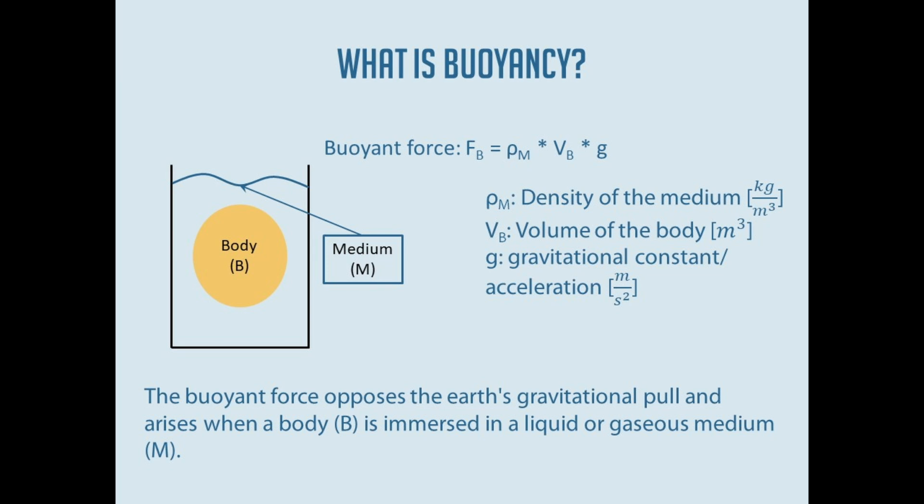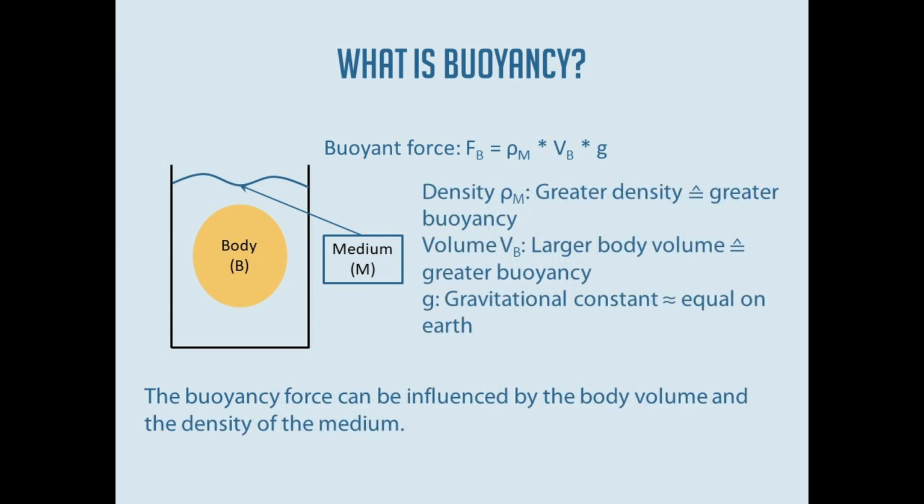Let's start by noting that buoyancy is a force that always counteracts the Earth's gravitational pull. If we look at the formula, we have several parameters that can be used to change the buoyancy. Firstly, there is the density of the medium in which we find ourselves.